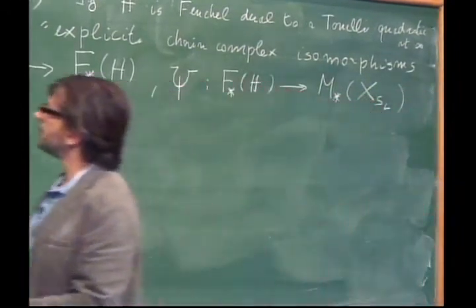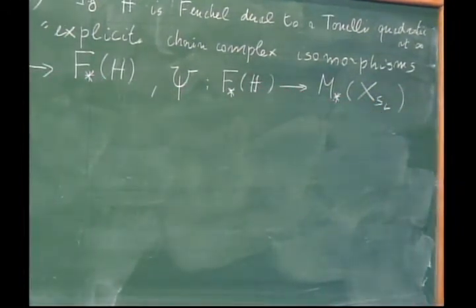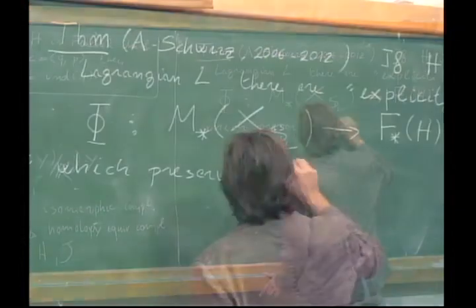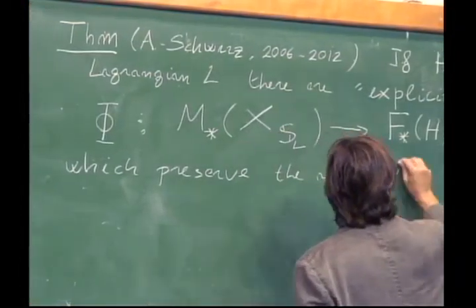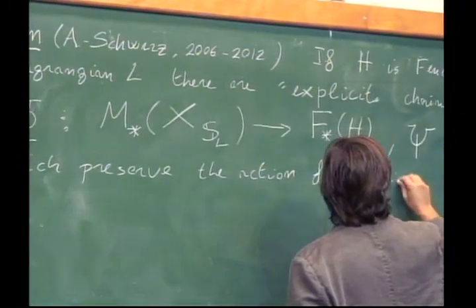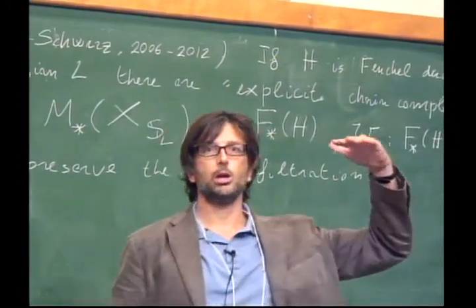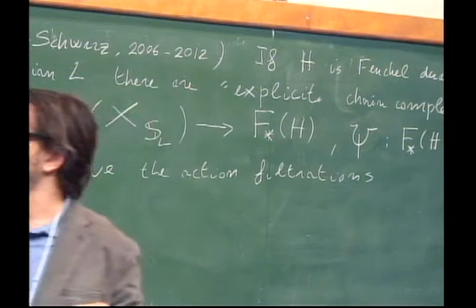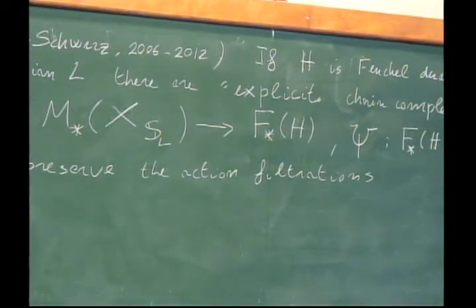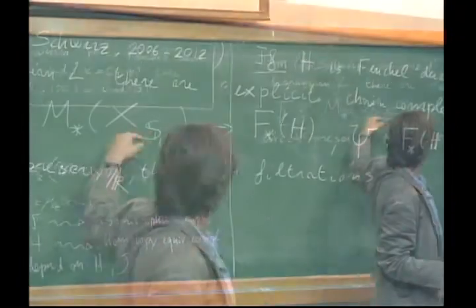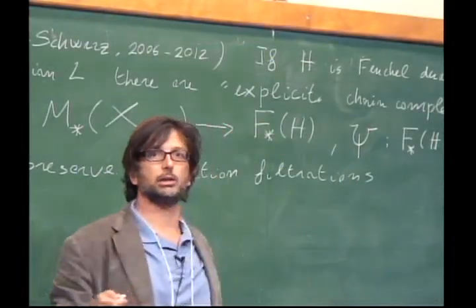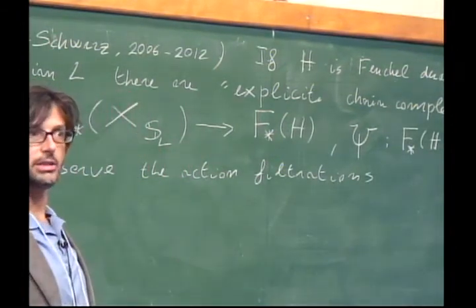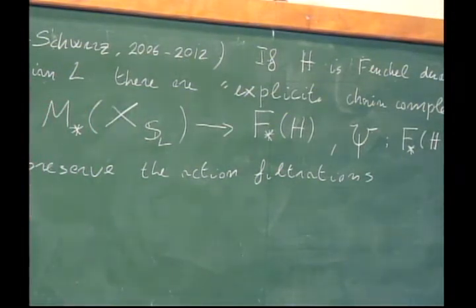And these isomorphisms preserve, for instance, the action filtrations. Here, critical points come with an action, and the boundary preserves sublevels, because the boundary operator always maps a generator x into something with lower action. So both are filtered. The filtrations on critical points coincide, because we already said that on solutions the values of the Hamiltonian and Lagrangian action are the same, and these isomorphisms preserve these action filtrations.